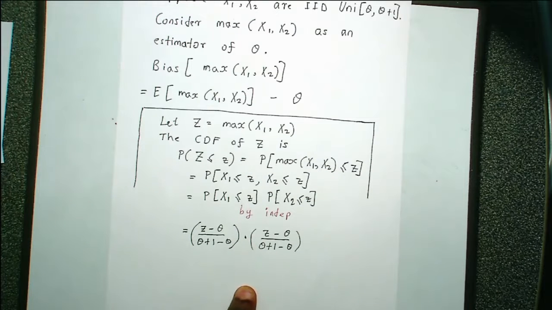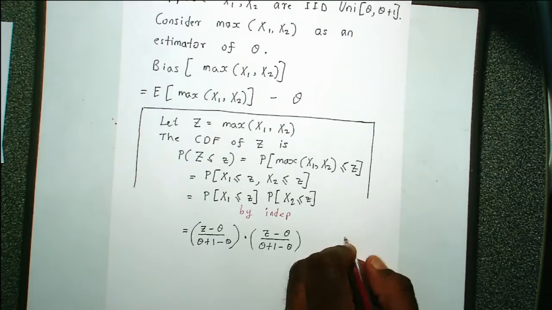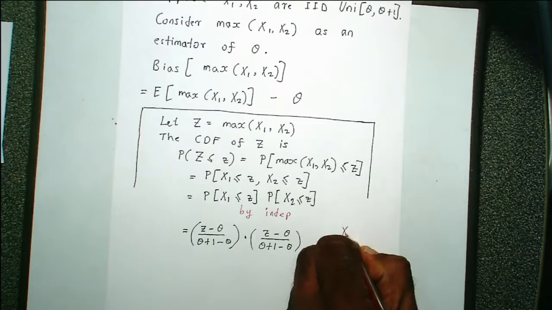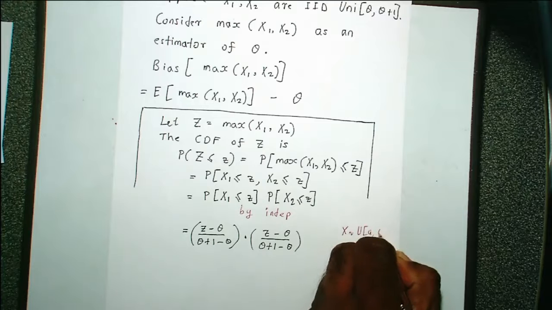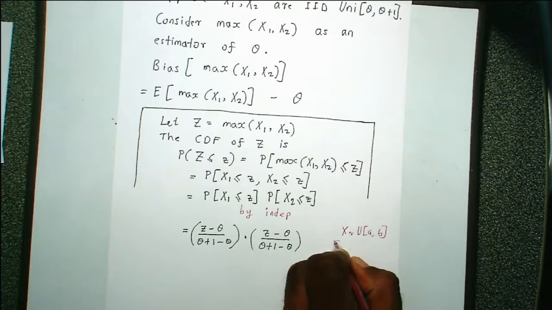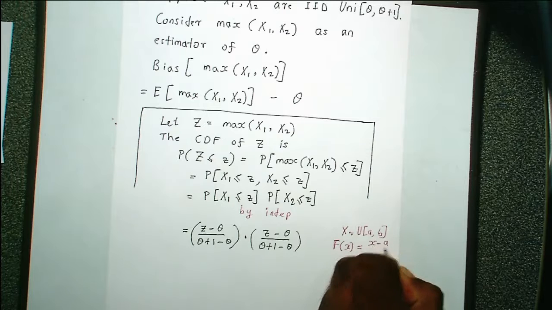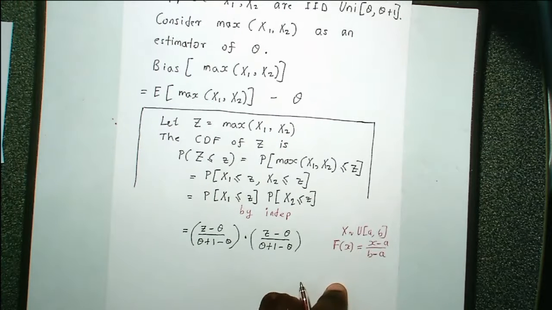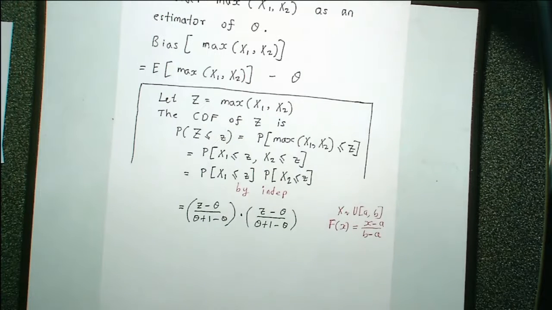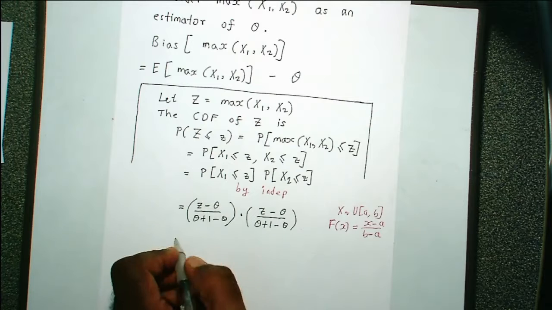Because for a uniform variable on the interval, this is the following fact. If you have x, a uniform variable from A to B, then the CDF of x is x minus A divided by B minus A. I'm sure you know this. It's in the list of distributions I gave you on the first day of classes, right?